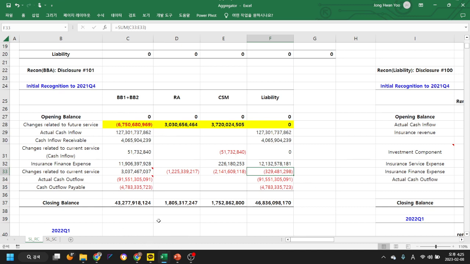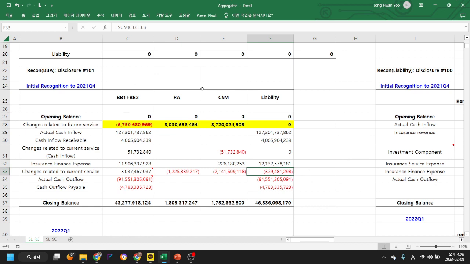And you have a closing balance like this, and this is the measurement on initial recognition and the transfer or the measure subsequently up to 2021 year end to get ready to implement IFRS 17 starting from 2023 January 1st, right?